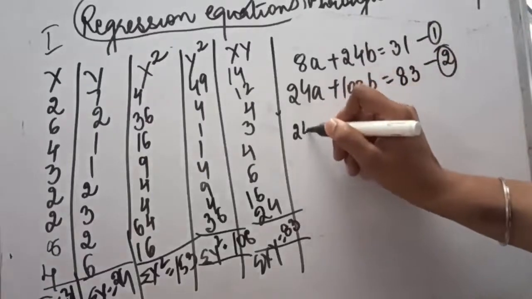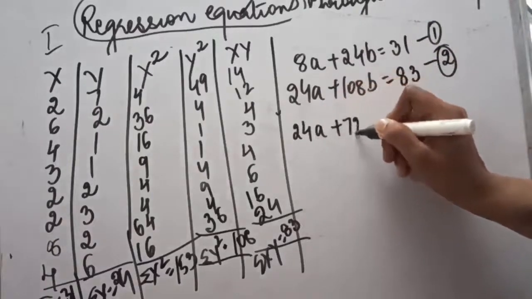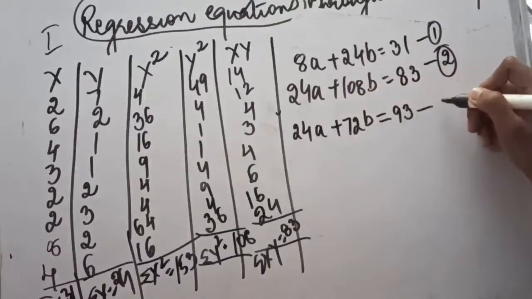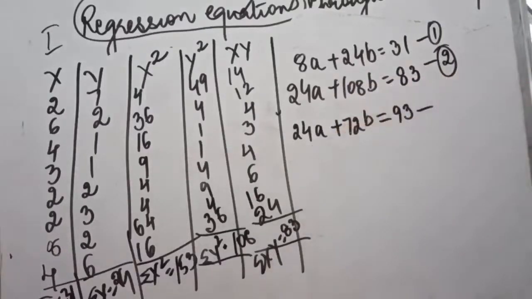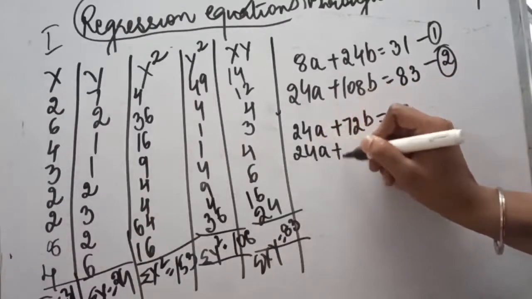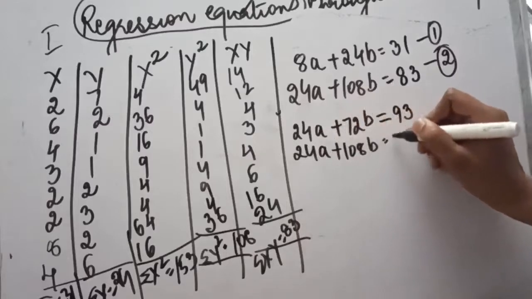So we will get 24a, 72b is equal to 93. And our second equation is going to be the same, 24a plus 108b is equal to 83.